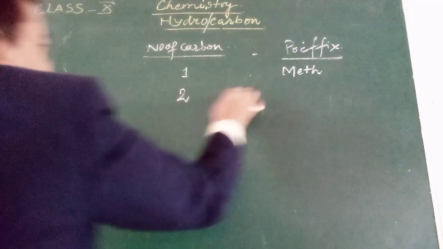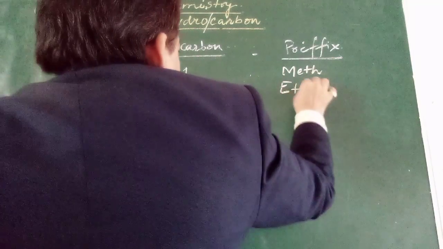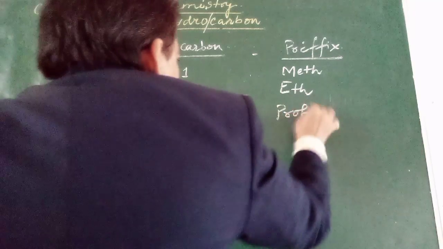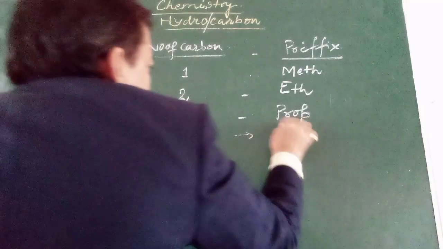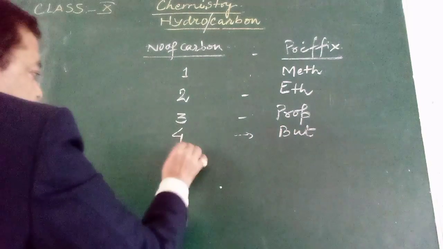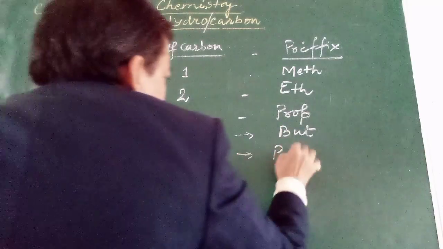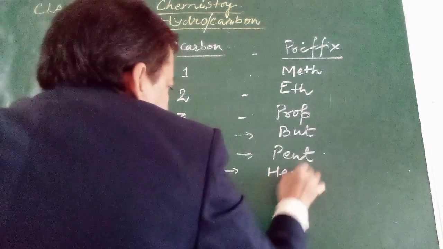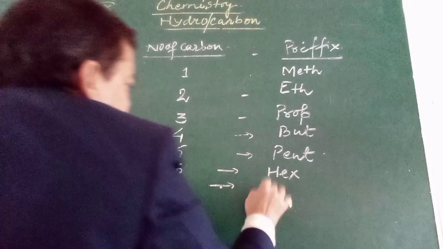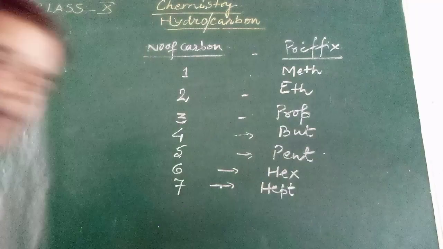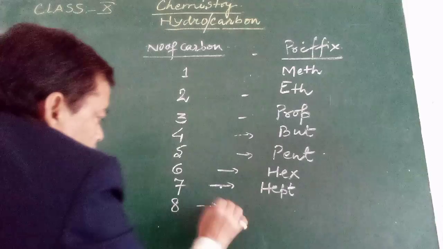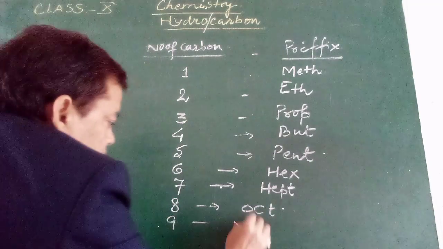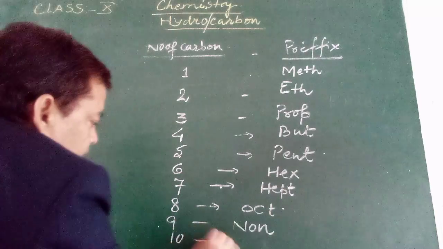If the number of carbon atoms is 2, it is called eth. If 3, prop. If 4, but. If 5, pent. If 6, hex. 7, hept. 8, oct. 9, non. And 10, dec.